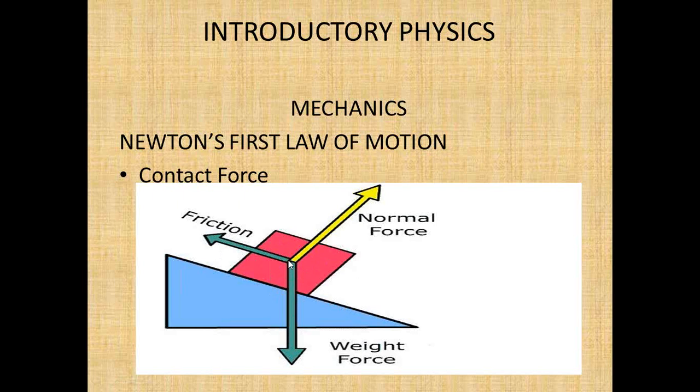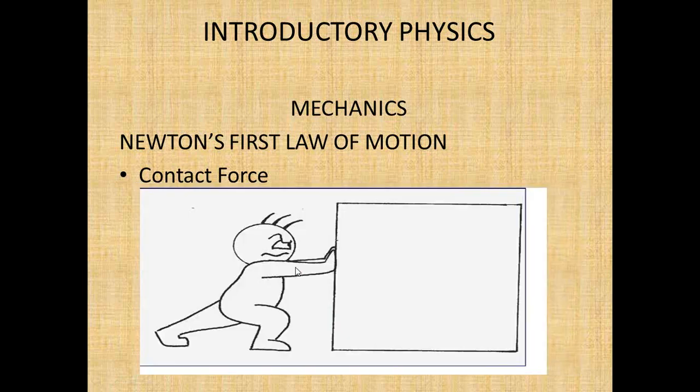The weight, or the force due to gravity, is going to be straight, vertical, down. The normal force is the surface pushing upward on this object, perpendicular, 90 degrees to the surface. So this is a free body diagram of this object on an incline.